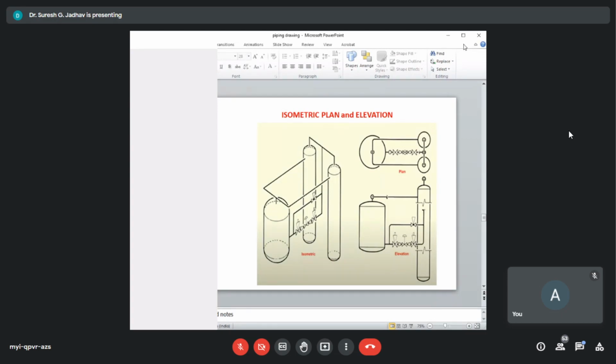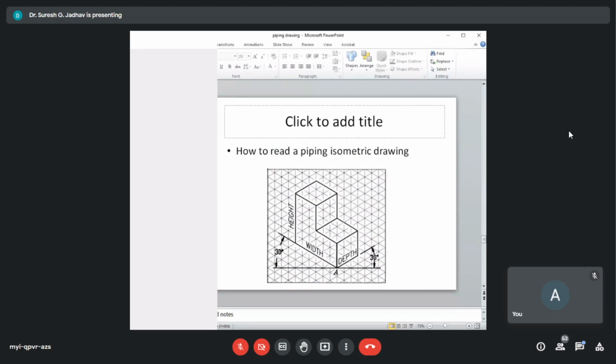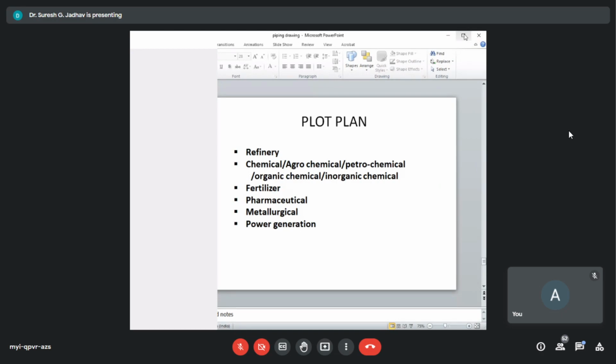Now we'll proceed. The next parameter is plot plan. With the help of this plot plan, we'll see the basic definition of plot plan.